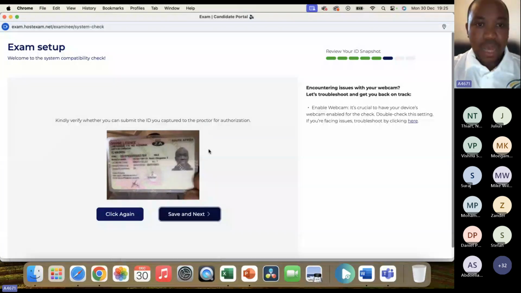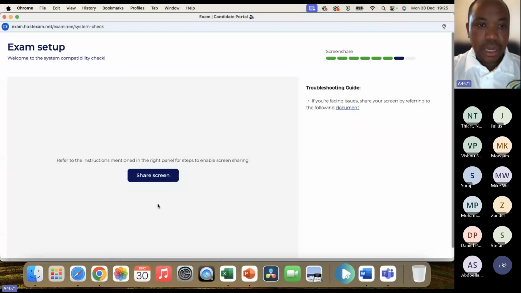Now, what happens is refer to the instructions mentioned in the right panel for steps to enable screen sharing. Now, I'm going to share my screen on this website so that my proctor, Abdullah Steenkamp, can watch me and monitor my actions throughout the exam.